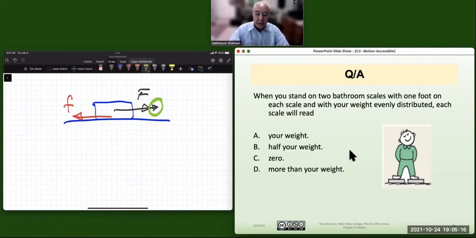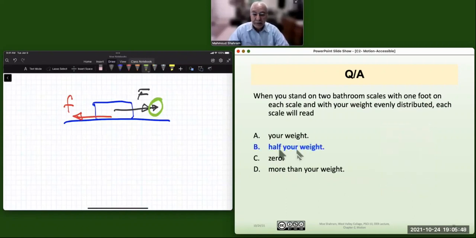This has to do with the support force. Suppose rather than standing on one scale in your bathroom, you have two scales, and you just stand balanced, two feet on two scales. What would your weight be reading on each one? Is it going to read your full weight?